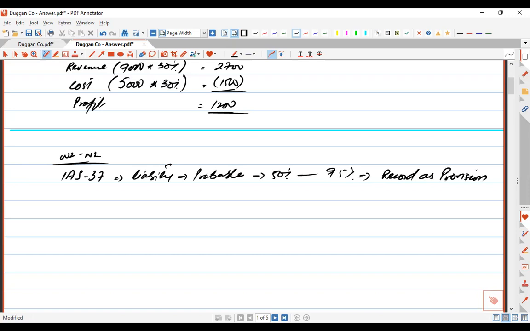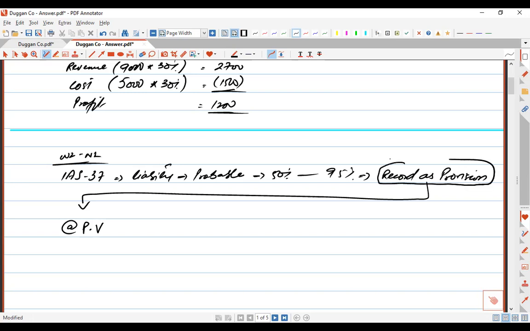Record the provision. And provisions are always recorded at present value. We have to record the amount as a provision, and provision is always recorded at present value. And what is the present value?